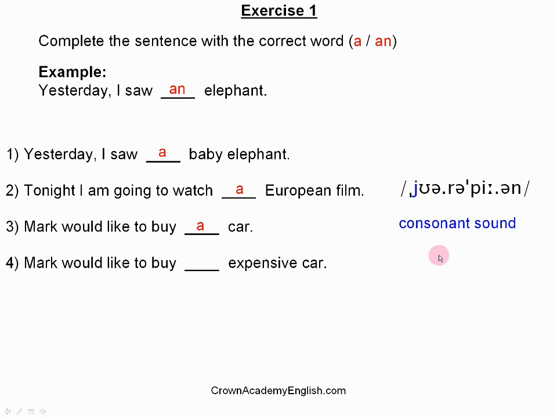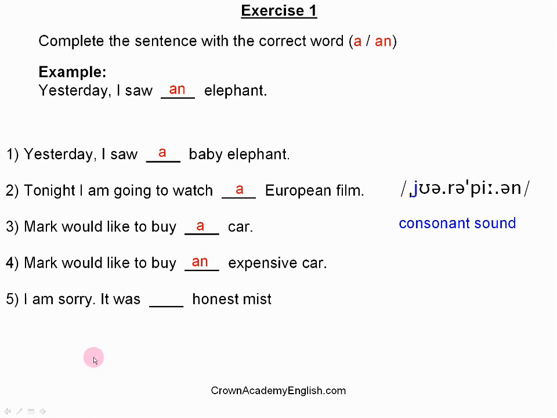The answer is, Mark would like to buy an expensive car. And this time, before the word car, we have an adjective. And the adjective has a vowel sound at the beginning. So we say an.